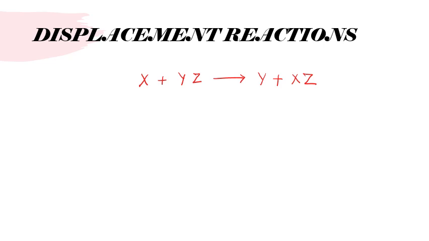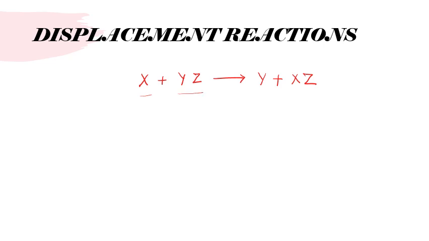Displacement reactions. A reaction in which a more active or more reactive element displaces a less active element from its compound when reacted together is called a displacement reaction. So what basically happens in a displacement reaction is that a more active element will displace a lesser active element from its compound. For example, here is a reaction of X plus YZ.